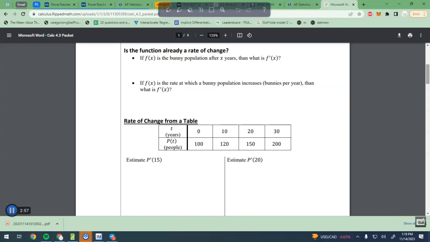If f is population, and we're dealing in years, what's the label on the derivative? Population per year. But then the second one, if they're calling f of x bunnies per year, so they're starting you at the change level, then what's the label on f prime?